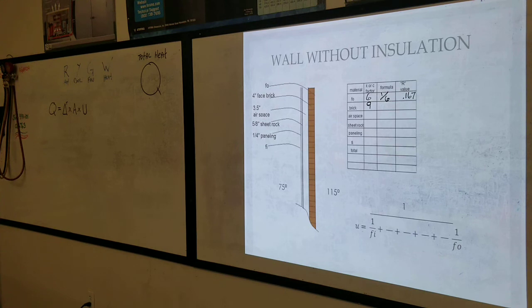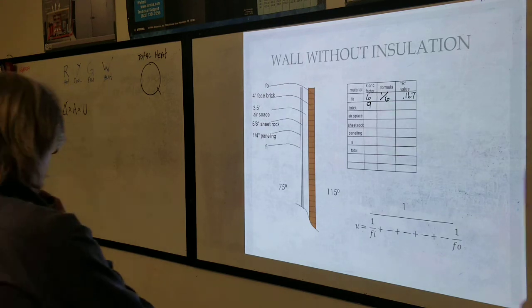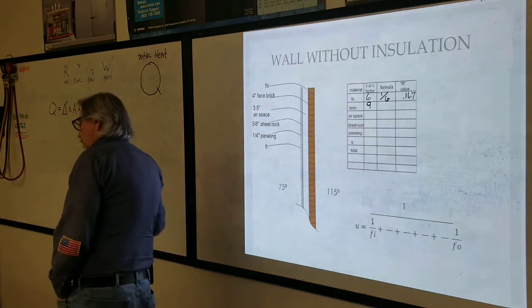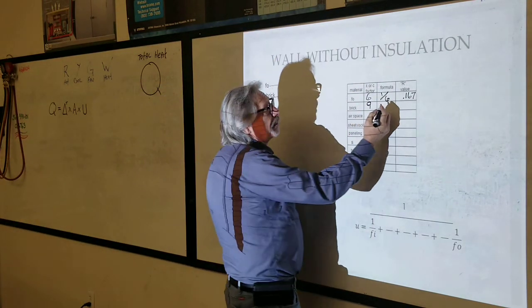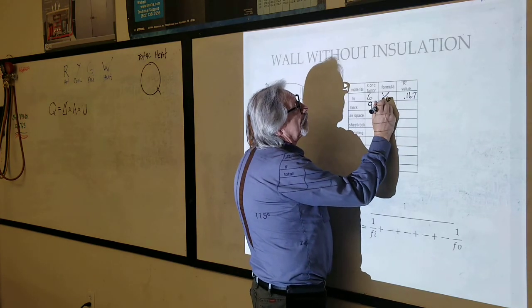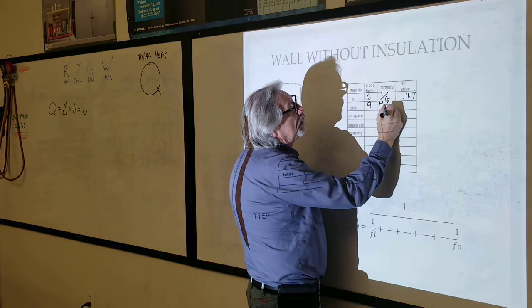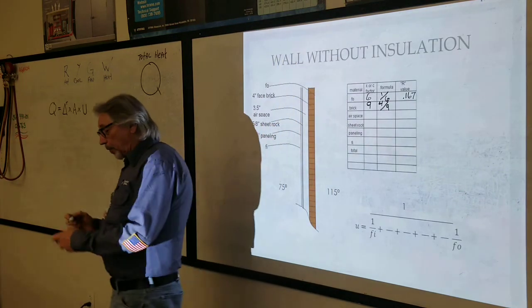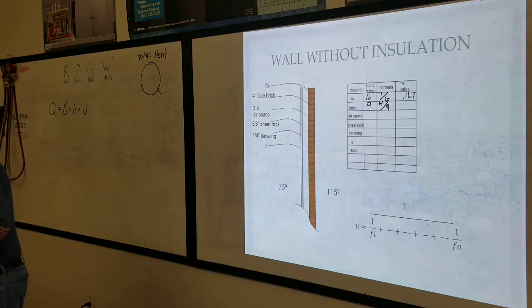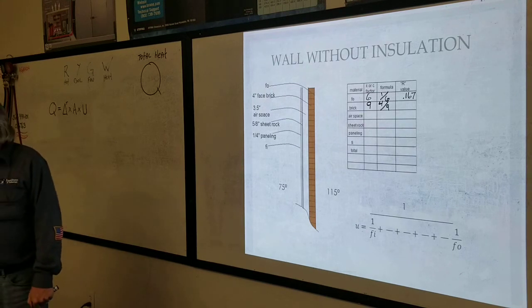So anytime there's not a standard thickness, it's gonna be thickness over the K. So we got 4 inches over 9. So that's the formula for the conductance, for the conductivity.